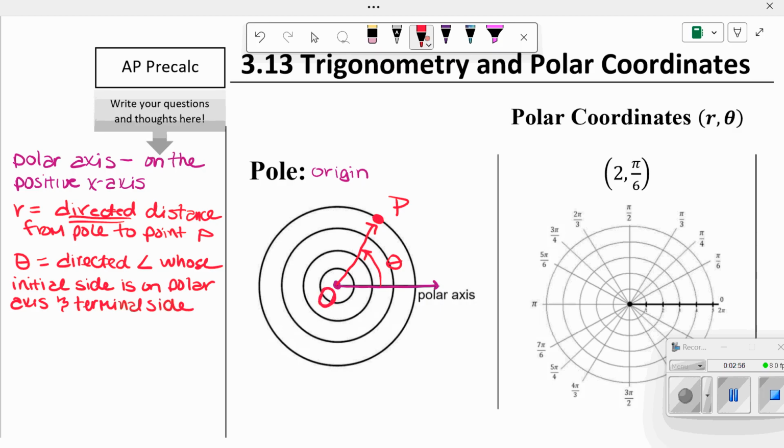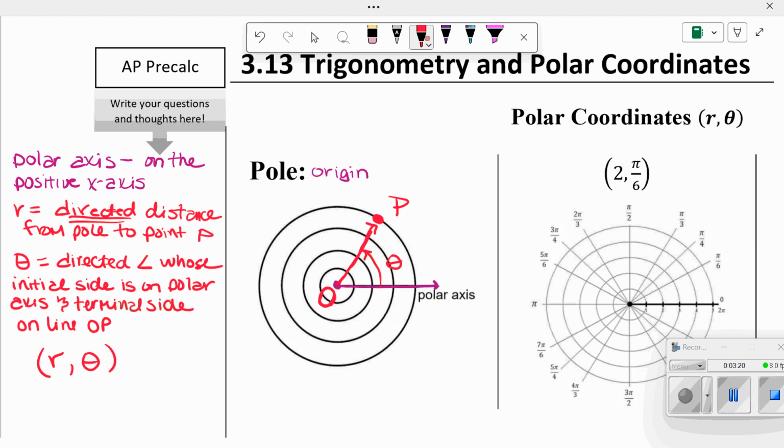So our pole, we usually call it point O. So the terminal side would be this part right there. It connects the pole to our point. And then we write this as an ordered pair, r comma theta. That's how we write a polar point right there.